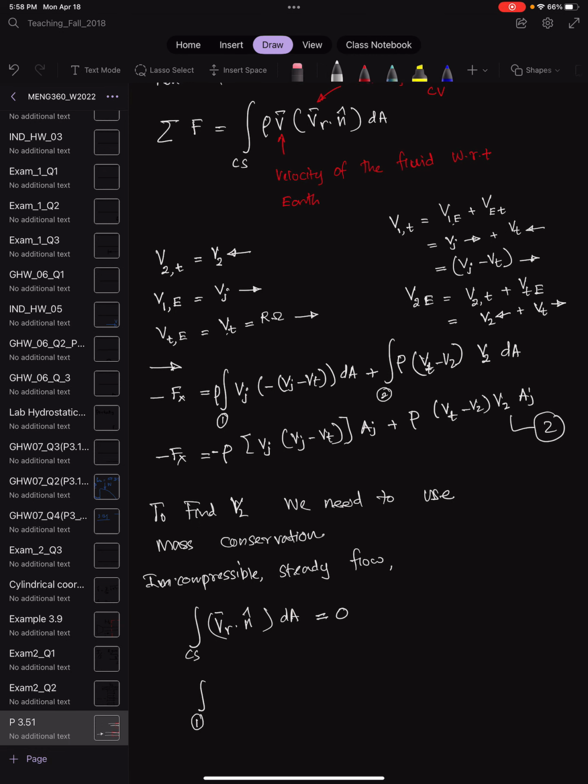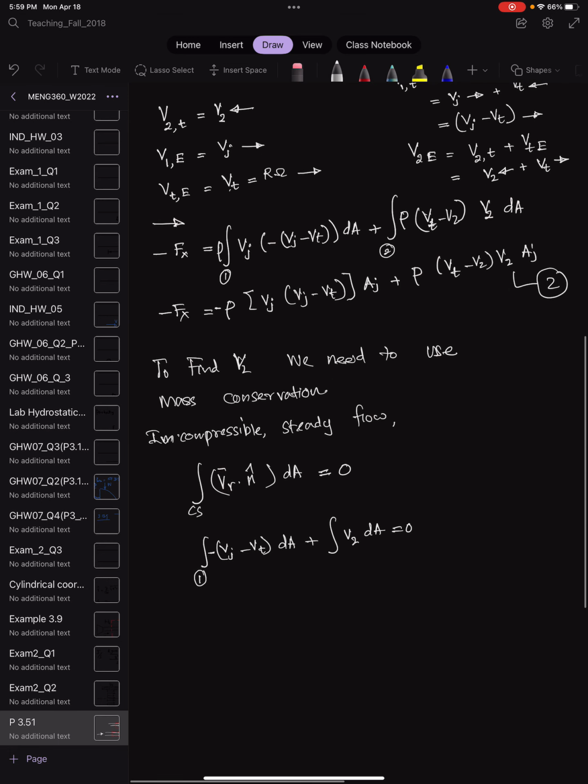It's going to be Vj minus Vt, left to right, and this is negative, so you put negative, dA, plus velocity with respect to the control volume at 2, V2 dot n is positive, dA equals 0.